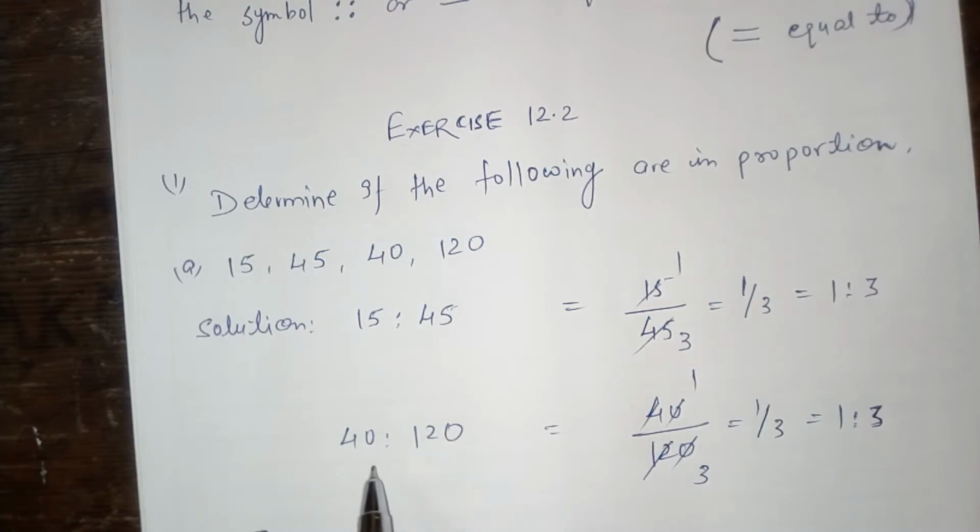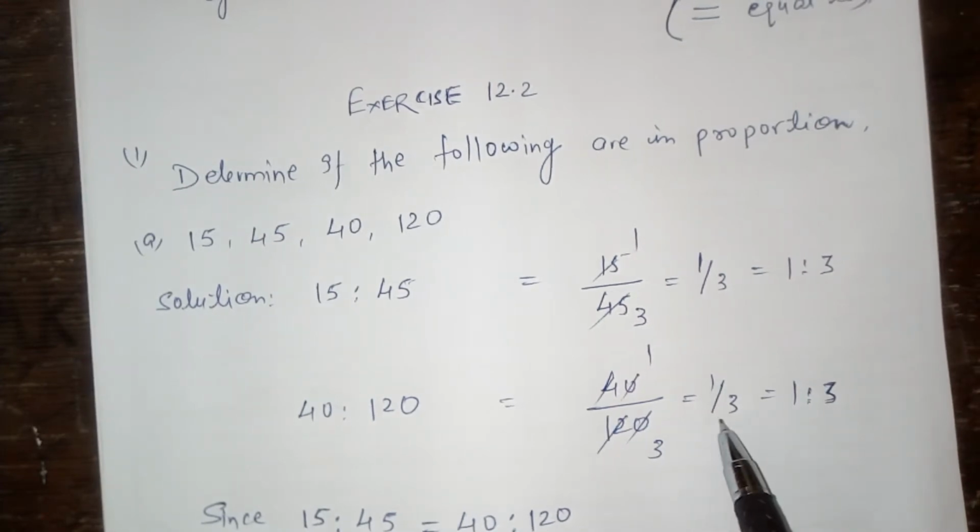So the ratio is 40 is to 120, equal to 40 upon 120. Now it will be cancelled: 0 and 0 cancel, 4 ones are 4, 4 threes are 12. It will give you 1 upon 3, equal to 1 is to 3.